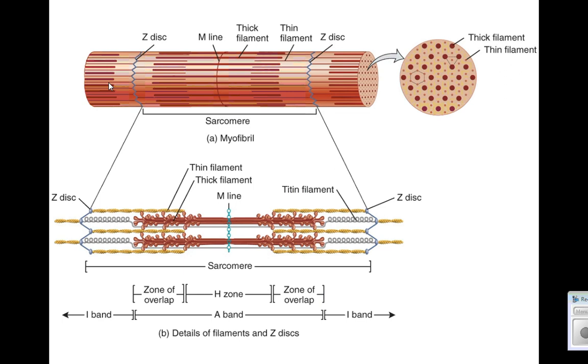Those lighter bands. The H zone is the part of the sarcomere where there's only thick. The zone of overlap literally is named as the zone of overlap because that's where the two filaments overlap. And then there's the A band, which is going to be the darker appearing part, or the darker bands, and runs from one side of the thick filament to the other side of the thick filaments.